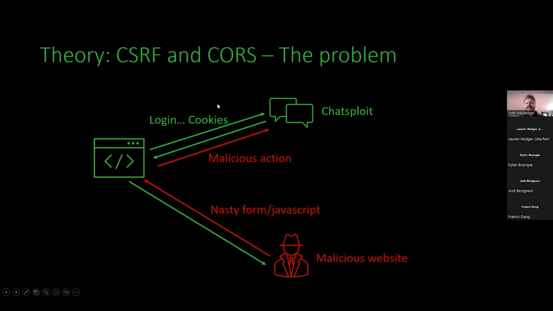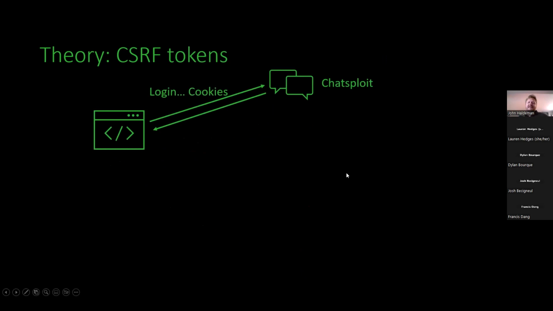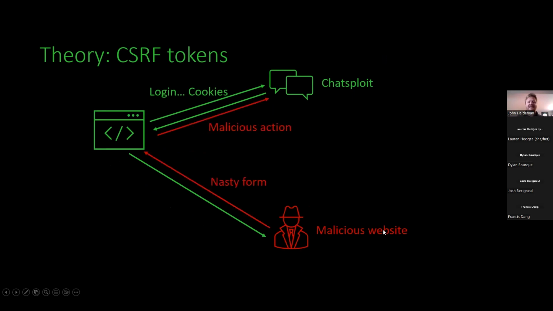So this problem is what we're trying to avoid with appropriate use of CSRF and appropriate configuration for CORS. So CSRF tokens, what they do is you log in to Chatsploit, you go to the malicious website, you download the nasty form which basically submits an action to Chatsploit, trying to perform a malicious action.